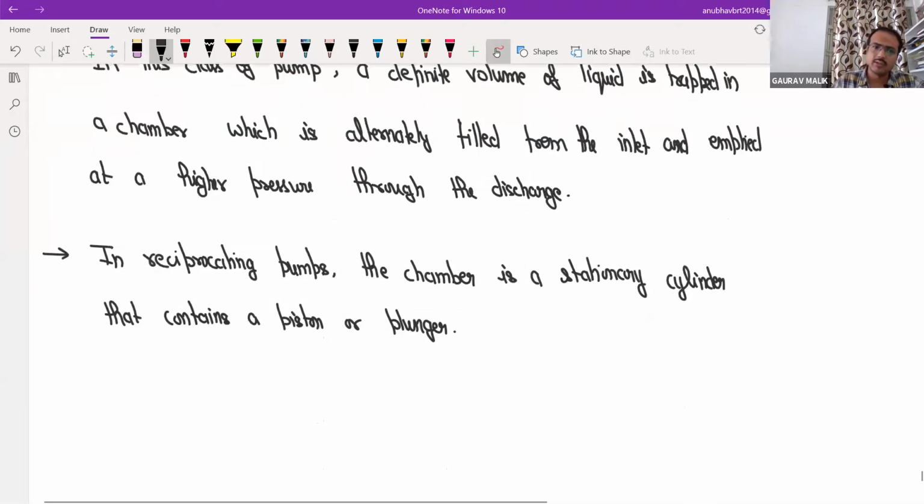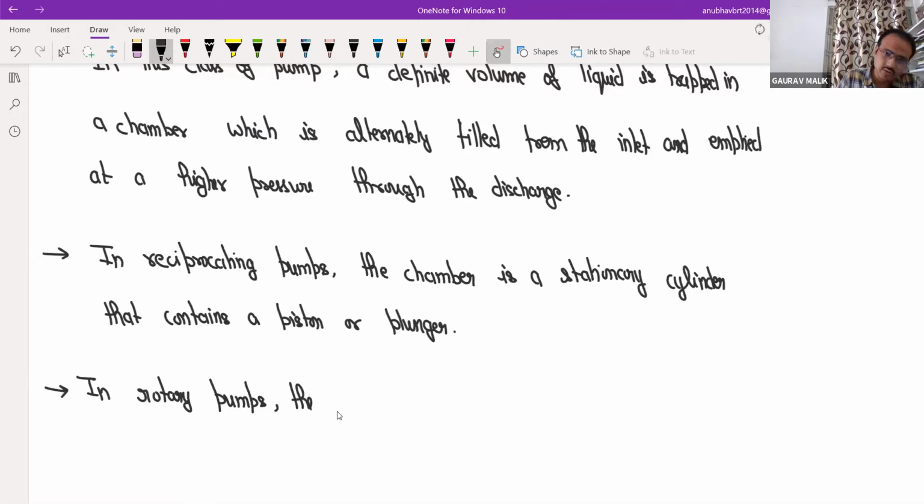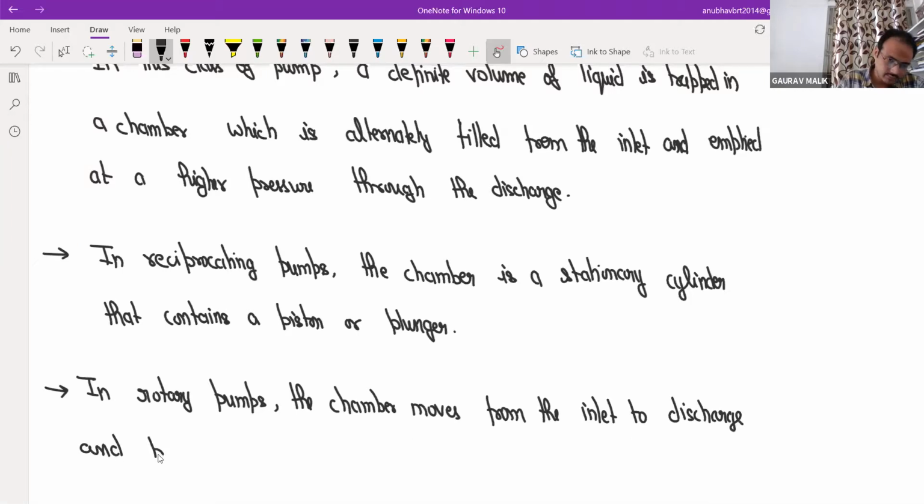Next, in rotary displacement pumps, or rotary pumps, the chamber also moves. The chamber moves from the inlet to discharge, and back to the inlet.